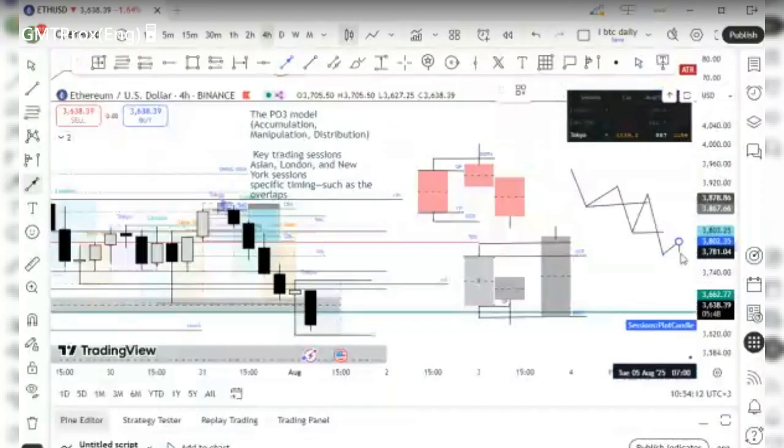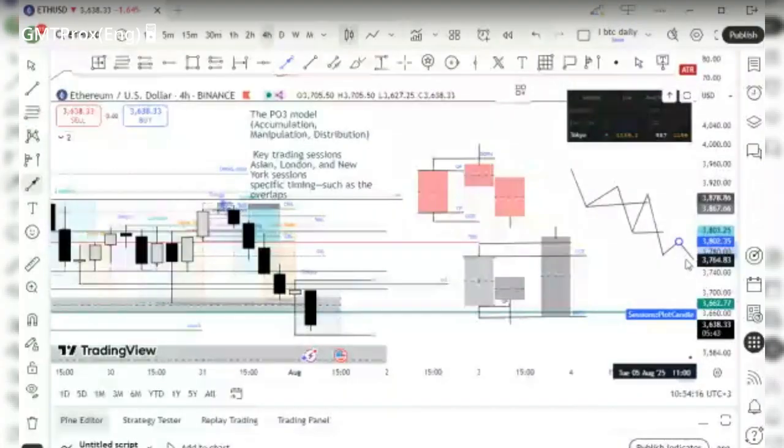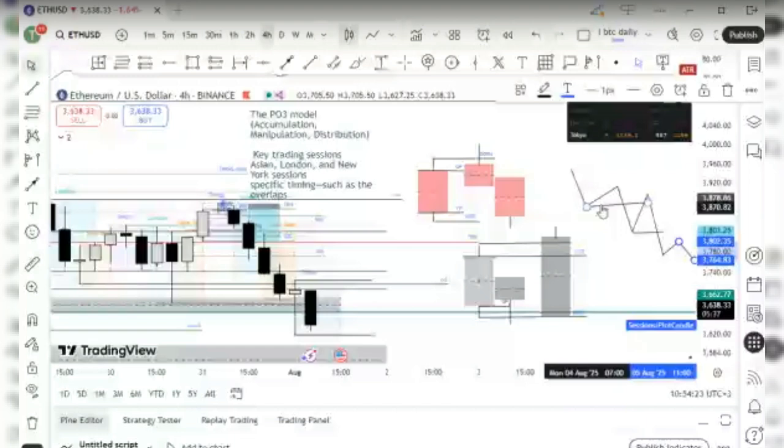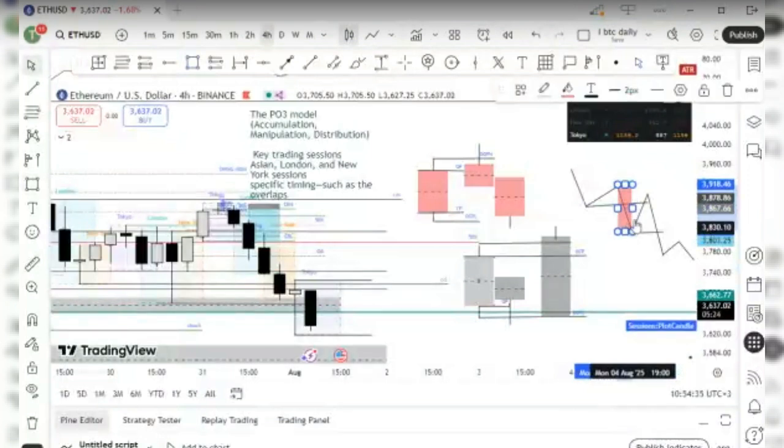We grab this liquidity, break the structure. It has to be by the full body, not by the wick.